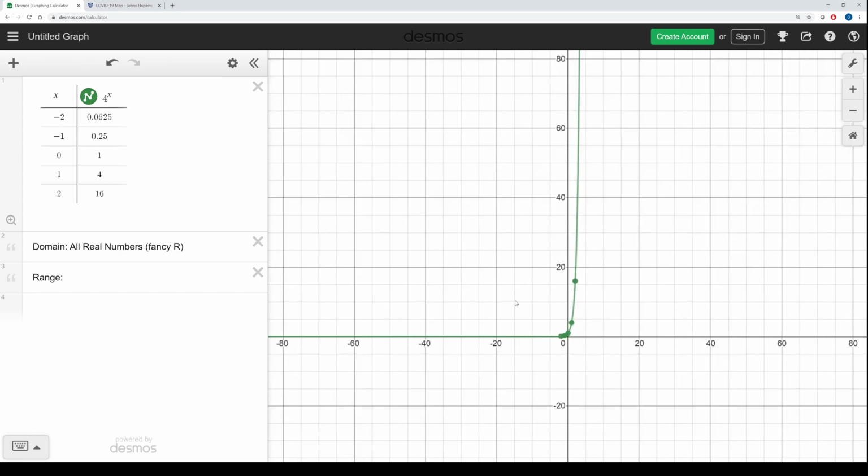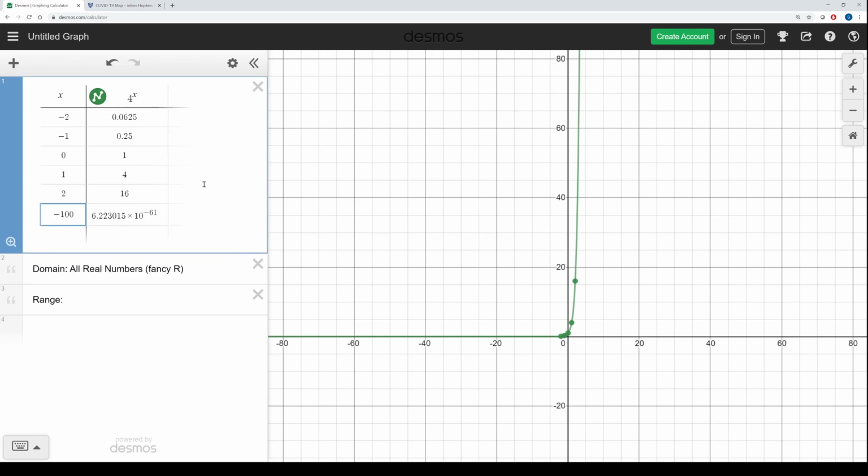Does it go down forever though? Well, a good way to check that is, it looks like it's going down as it goes to the left. So let's just put in a really small number for x, like -100. And it gives us this, which is a really, really small positive number. 10 to the negative 61 power is a very, very small decimal.